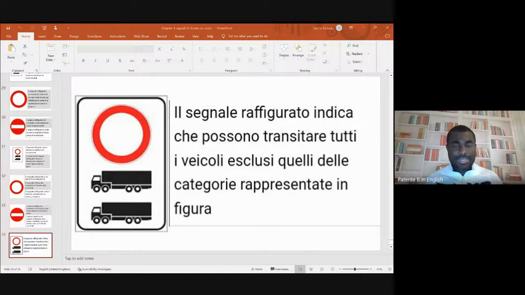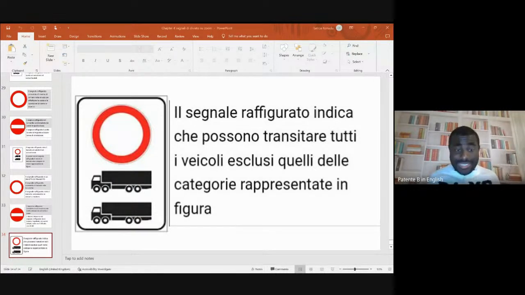Entrambi means both. So il segnale raffigurato indica che possono transitare tutti i veicoli. So all the vehicles can pass, with the exception of the categories of vehicles represented in the figure.